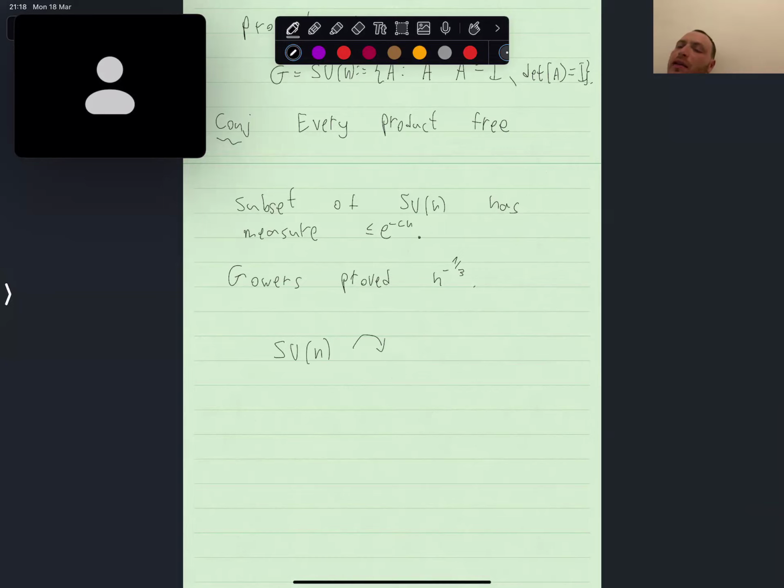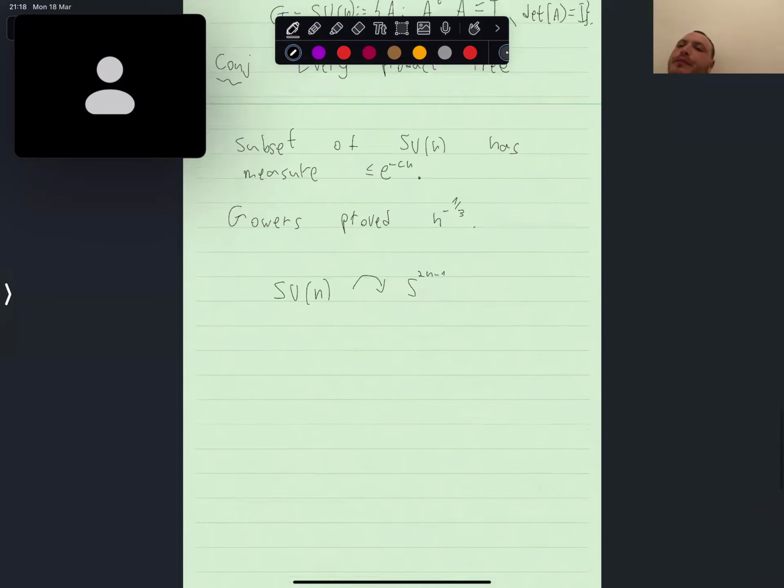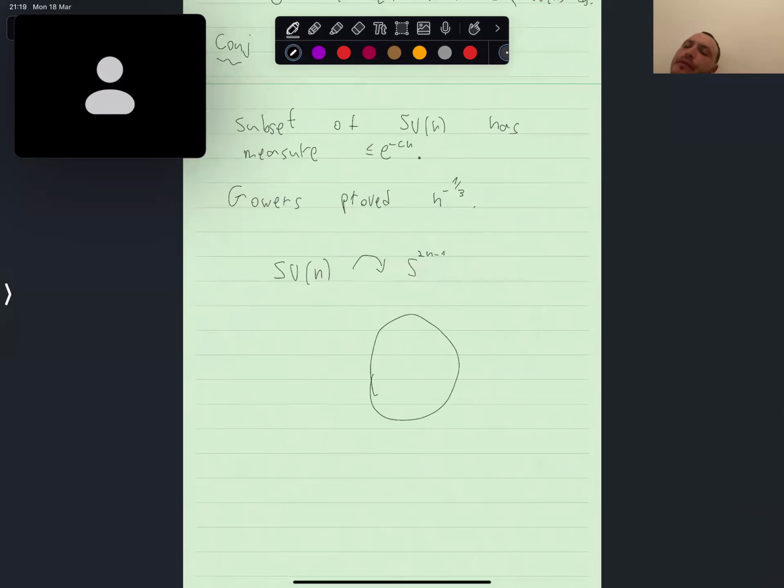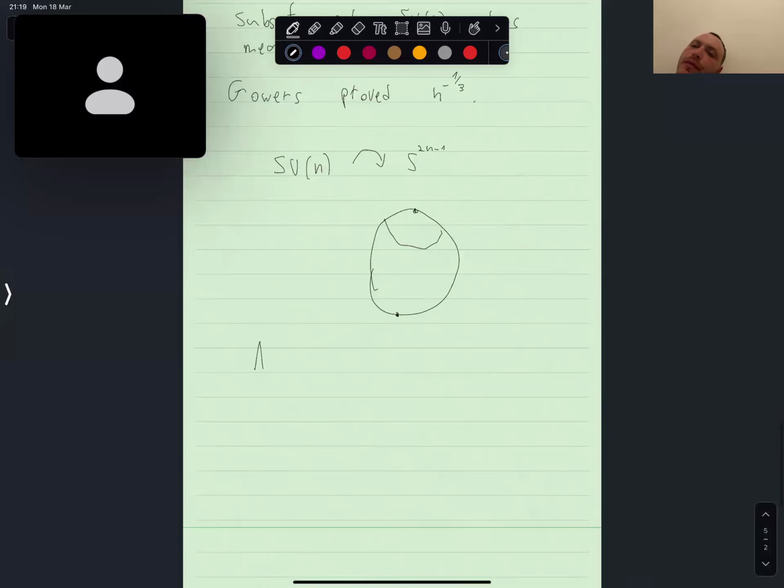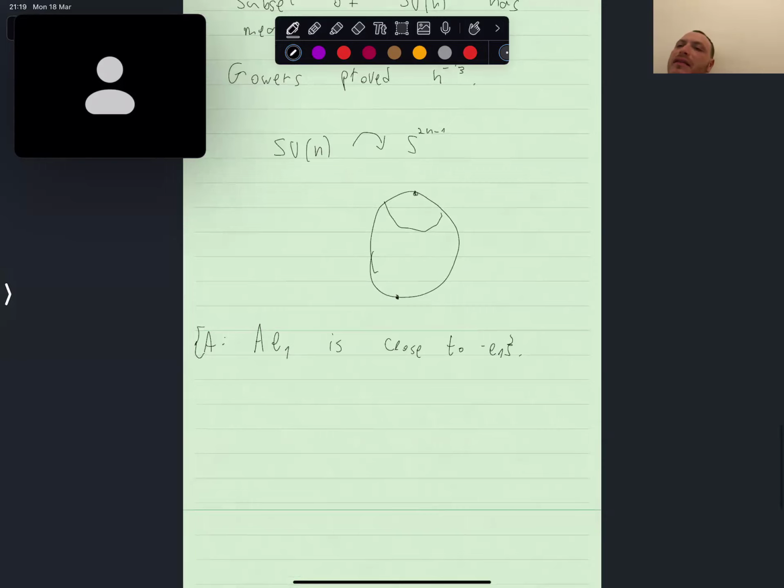SU(n) acts on the complex sphere. And then you can take the set of elements that send the North Pole close to the South Pole. So let's say A of e1 is close to minus e1. And unitary matrices preserve distances.